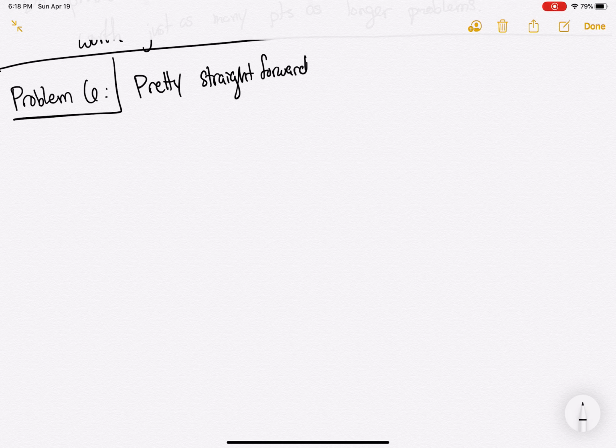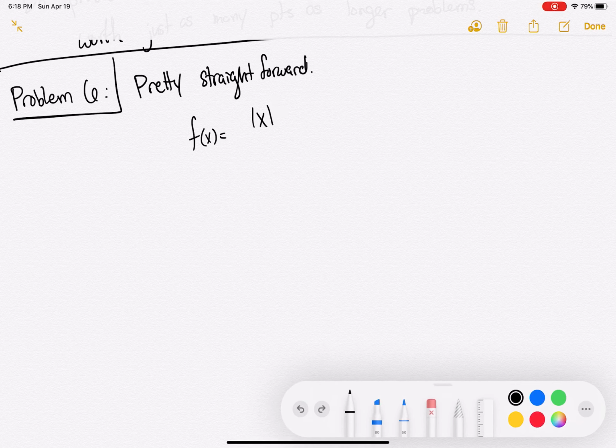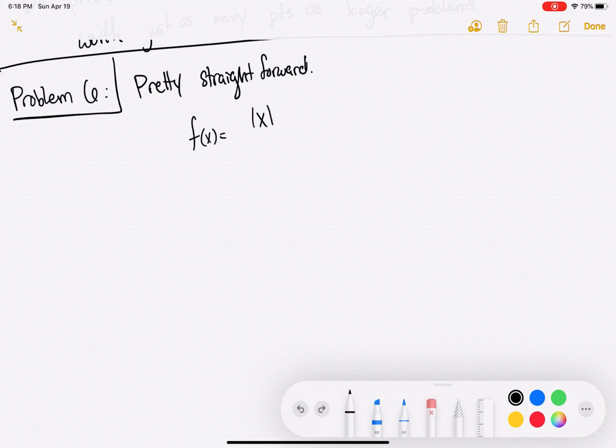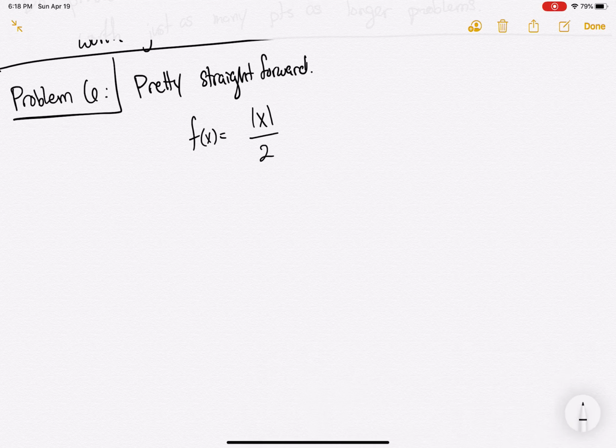I'm only mean to you on some problems, and you just want to take a critical eye to everything and hopefully you can recognize which ones I'm mean to you on and which ones I'm not. So this is pretty straightforward. It says let f of x be x times the absolute value of x, not squared, absolute value of x, divided by 2. And g of x is 5 minus x squared. It says find the total area bounded by the curves f and g.